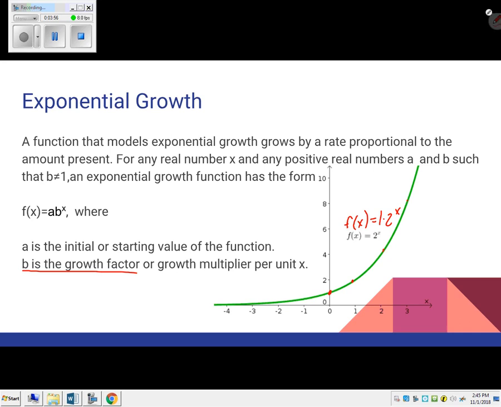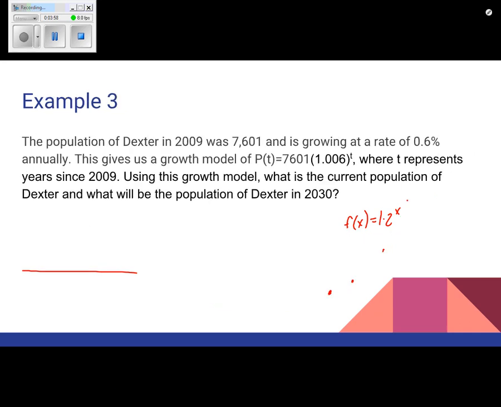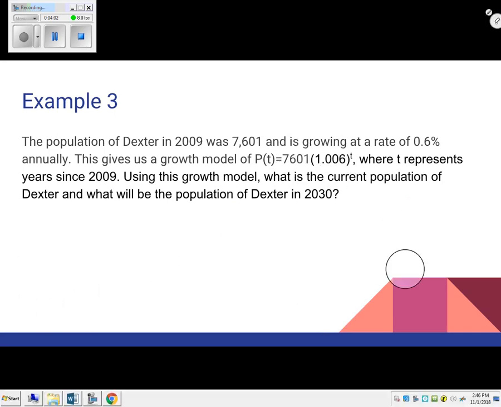And we're very interested in that growth factor when we talk about population growth or a number of things that happen in real world phenomena. So like the population of Dexter in 2009 was 7,601. I think that is a real number and is growing at a rate of 0.6% annually. I don't think it's growing quite that much.